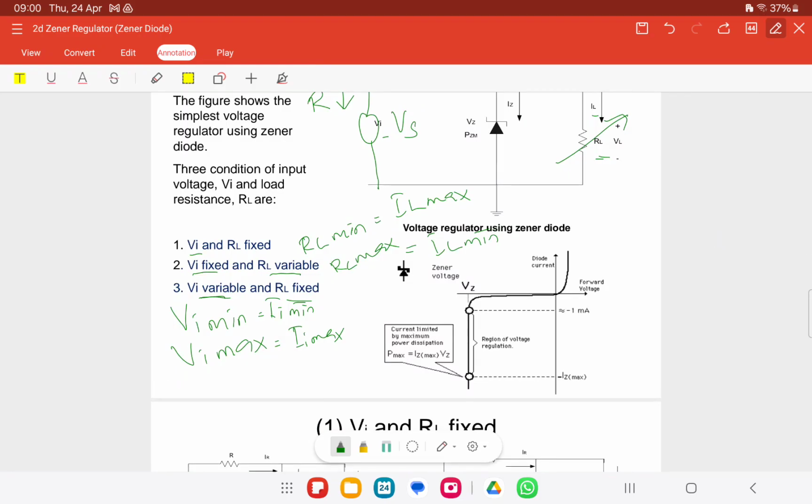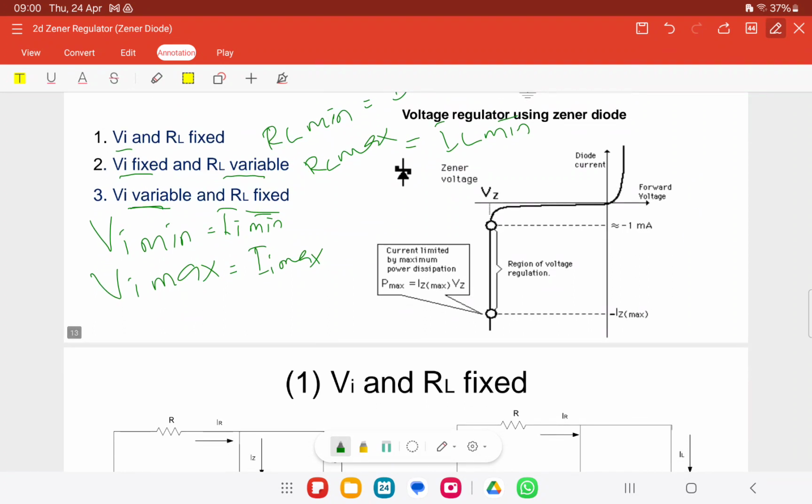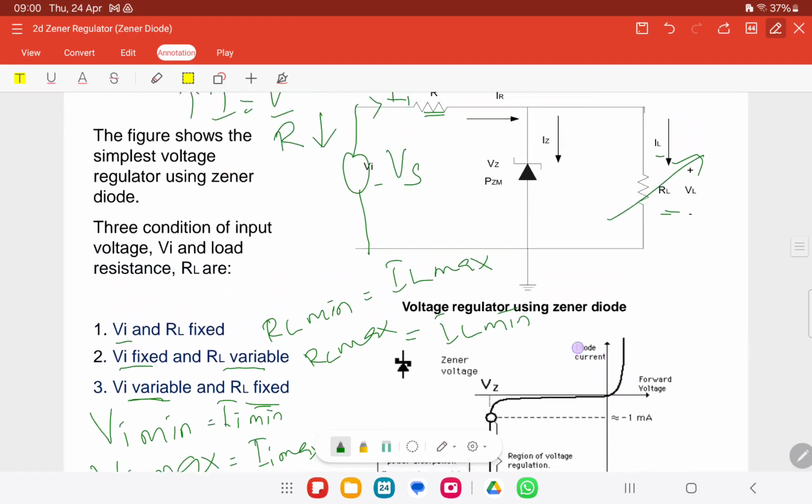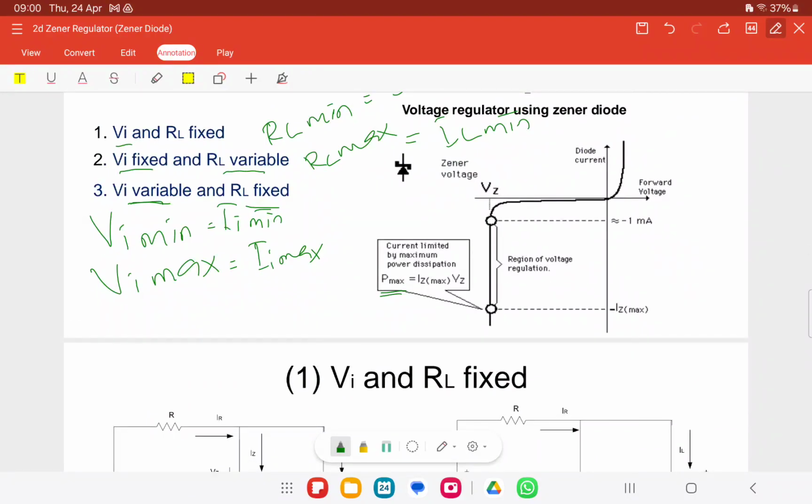And for the Zener characteristic also, sometimes they can give the value of P in the Zener. If they give the value of P, they will put the value here, for example 500 watt or milliwatt. So they will give it straight away in the circuit. For that one, if the power is given, you can use it to get the IZM or IZ max.